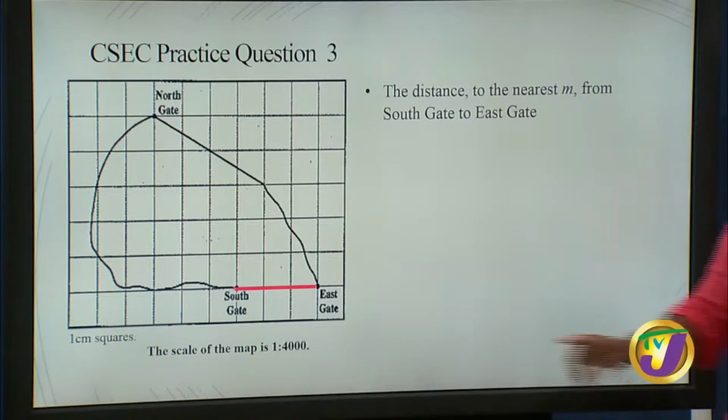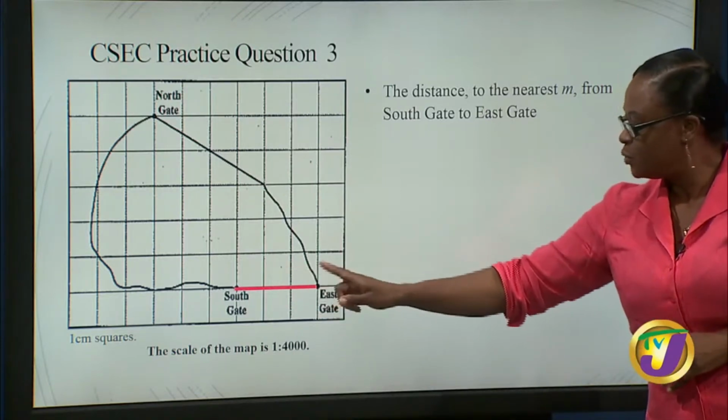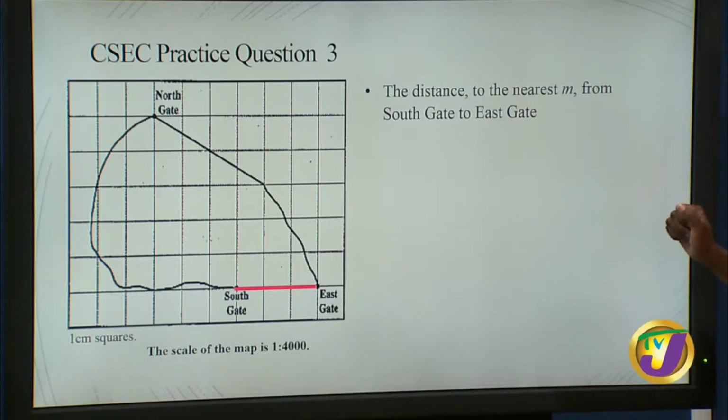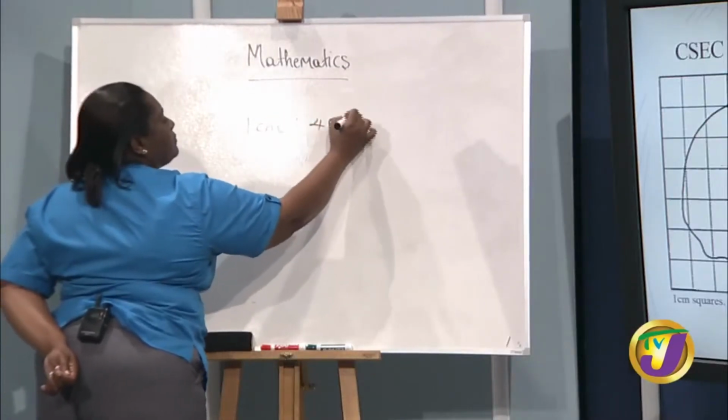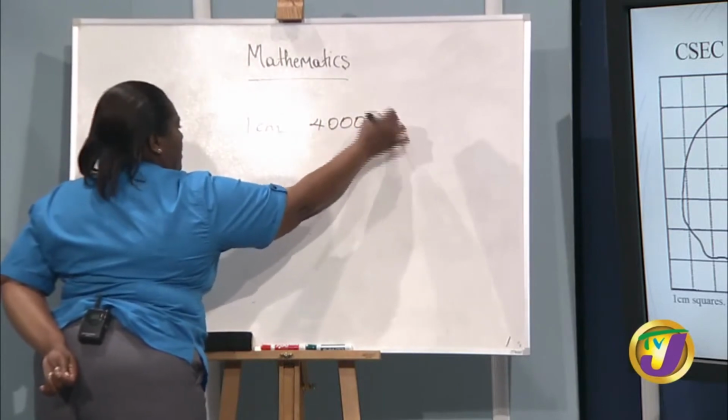So we'll see that it is 1, 2, 3 units on the map, and we need to give this distance to the nearest meter. The question gave us centimeters because we were working with a centimeter square grid, so it would be 1 centimeter to 4,000 centimeters.